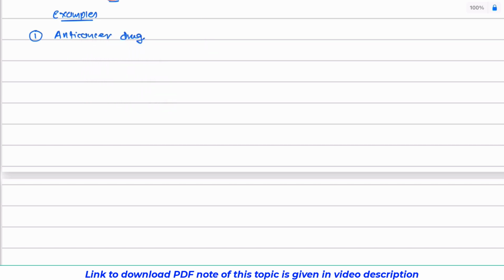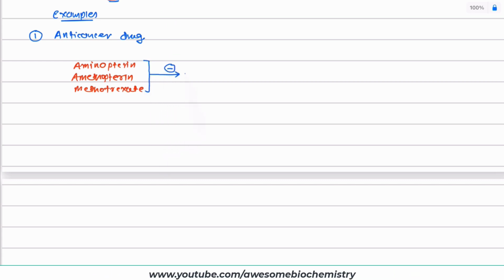There are several anti-cancer drugs, for example, aminopterin, amethopterin, and methotrexate. What this drug does, this drug competitively inhibits one enzyme, that is dihydrofolate reductase.